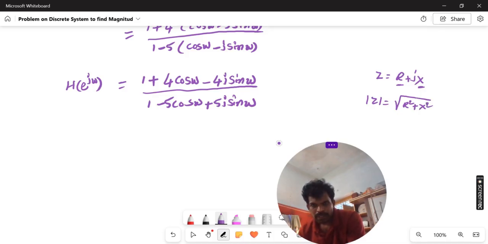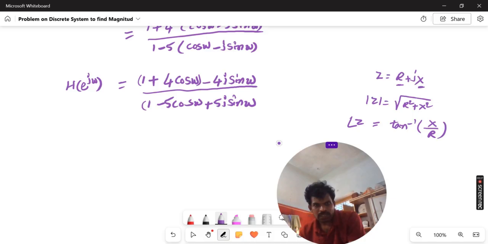What about the phase response? Phase response is represented by the angle of Z, which is equal to tan inverse of imaginary value by real value. Likewise here also, this one is a real value in the numerator and this one is the imaginary value.